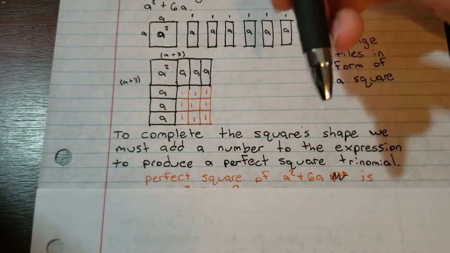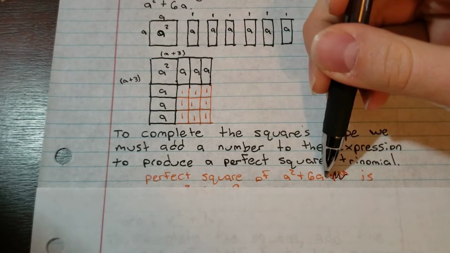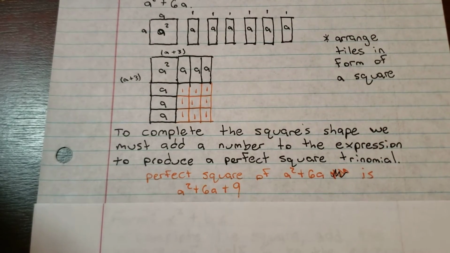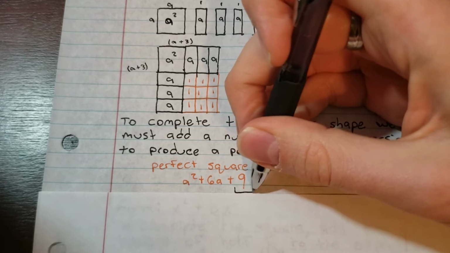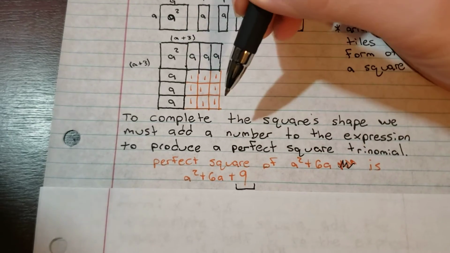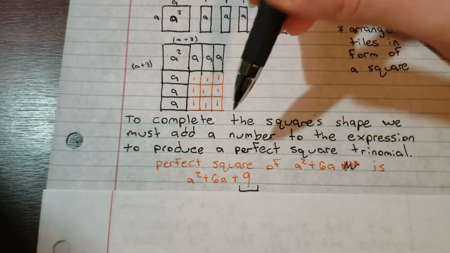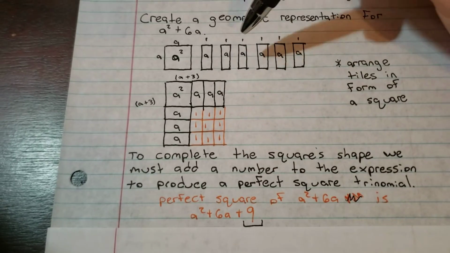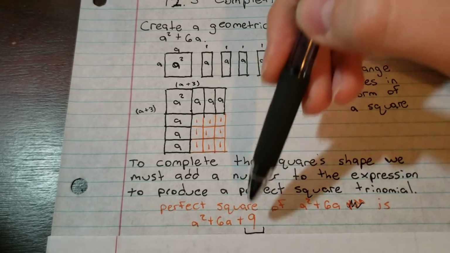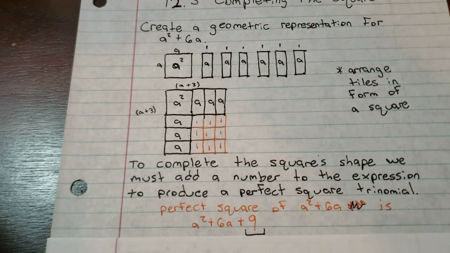So the perfect square of A squared plus 6A is A squared plus 6A plus 9. This is what we added here. So by completing the square, I've taken A squared plus 6A and added 9 to it.